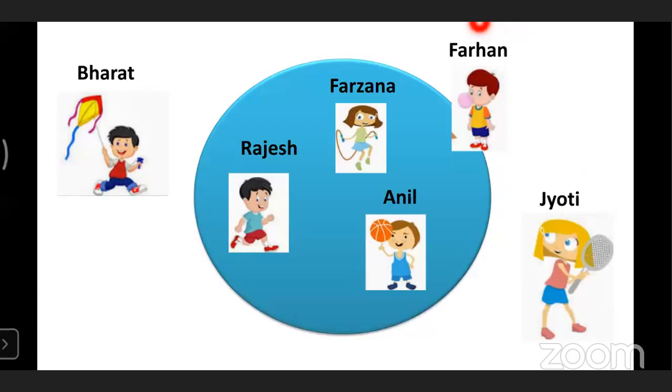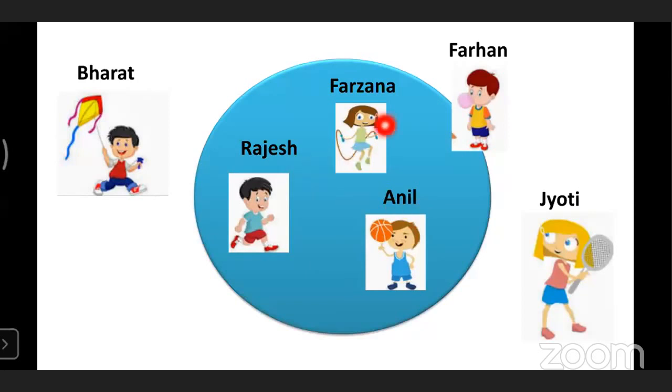Now observe this boy. Who is he? He is Farhan. And where is he? He is not inside and he is not outside. Then where is he? He is on the boundary of this circle, right? Farhan is standing on the boundary of the circle. So all these are your friends, enjoying and playing.